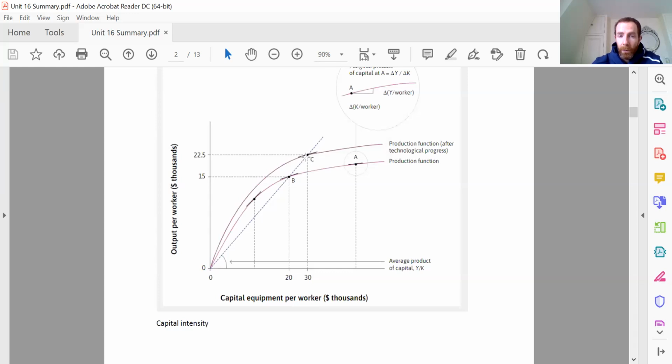Because that shift upwards means that now there is an incentive to use more capital, to accumulate more capital, because at higher levels of capital, you are getting the same marginal product of capital as you did at a lower level of capital with the old technology. So that's where we're getting this offsetting, right? A shift upwards means that the diminishing marginal returns to capital won't set in until a higher level of capital.